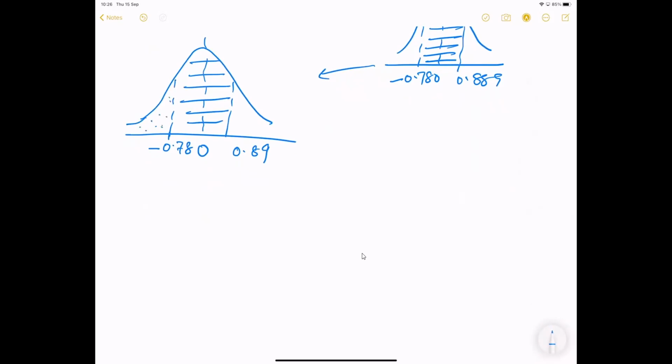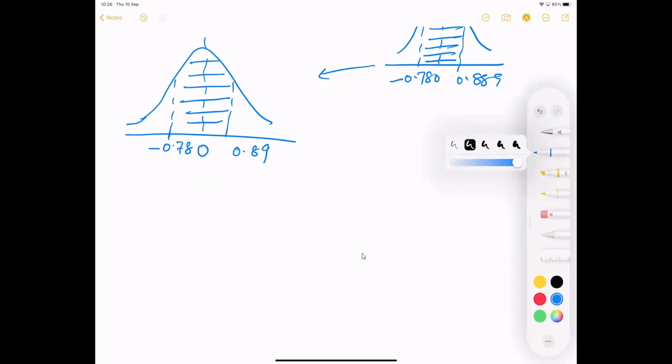Let me explain like this. As I mentioned earlier, we have left tail probabilities in our table.